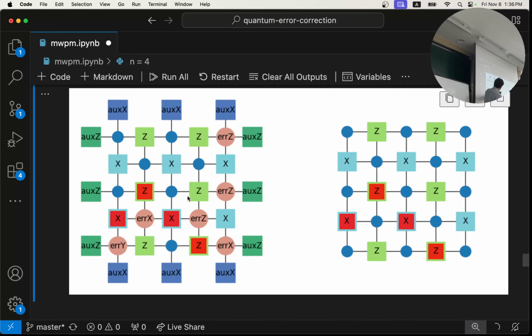So your errors are detected on Z, which has a Z syndrome measurement. Now, if there are no other data qubits, no other things here, then because of this X error, you will read different outcomes on this set of stabilizers.